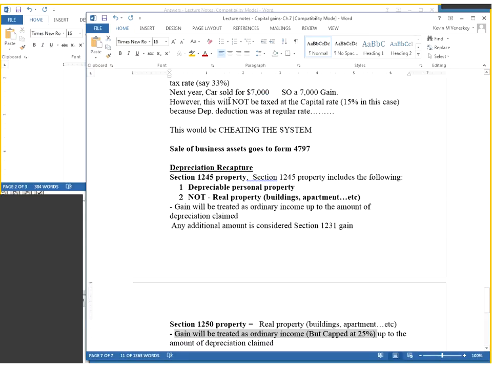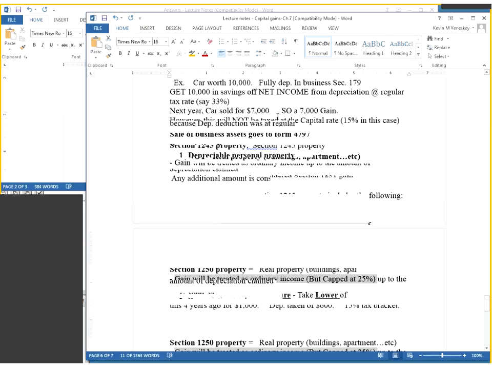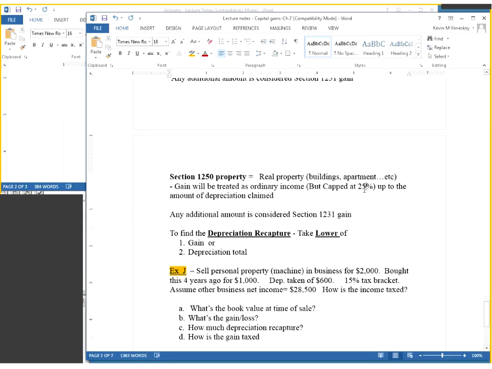So if this was, instead of a car, a building, and I had $7,000 of gain all because of depreciation, I don't get to tax it at the awesome rate of 15%, but I also don't have to go all the way up to 33%. This law says you can stop at 25%.